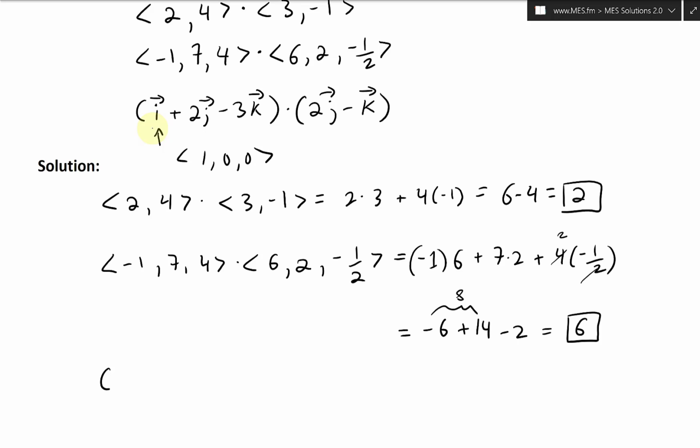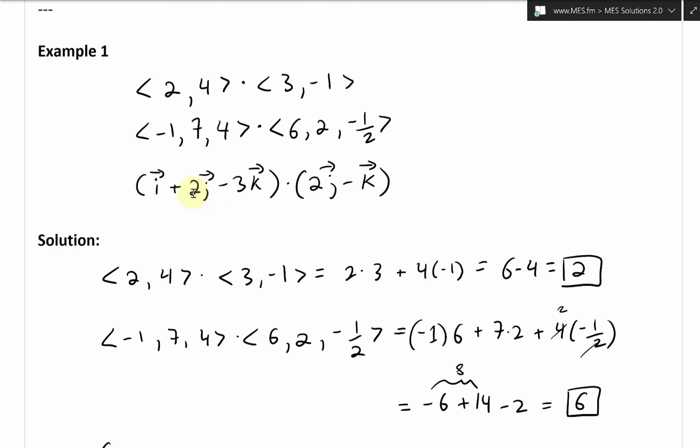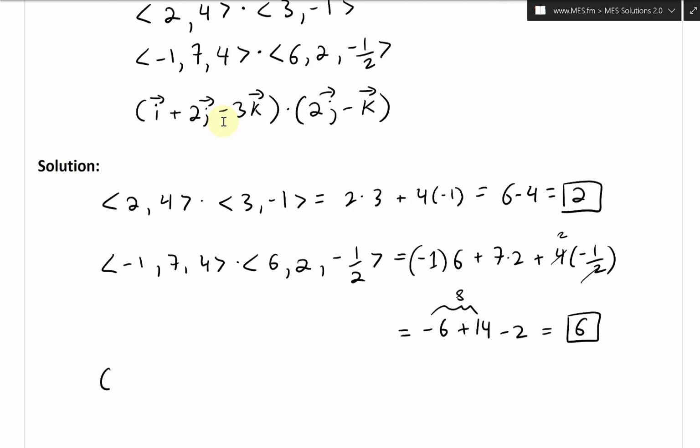For J, you put a 1 in the second position, and similarly for K. What this essentially means is this is the same as writing 1, 2, -3 in components, but you're writing it in standard basis vector setup. And notice the bracket change because we're writing it in these vectors.